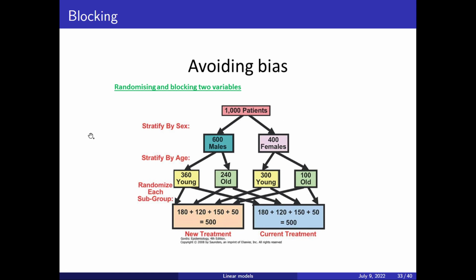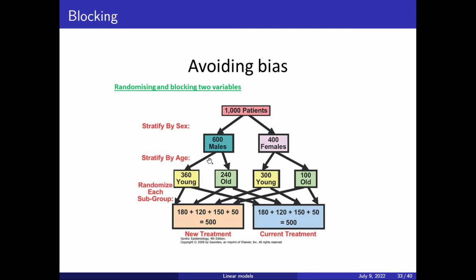Let's say that you are making an experiment and you think that the sex and age of the patient, the animal, will make a difference. And for whatever reason, you have 600 males, 400 females, and you have a different number of young males and old males, and the same for females.